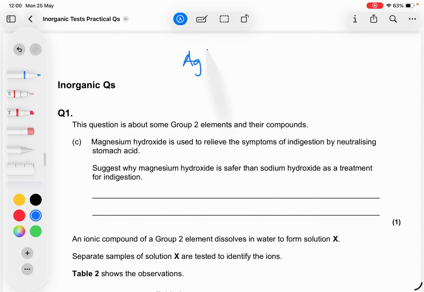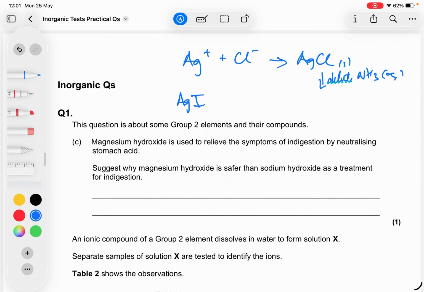This is the equation you need to know for silver precipitate. The silver chloride will dissolve in dilute ammonia to give you a colorless solution. The silver iodide will not dissolve in any forms of ammonia.